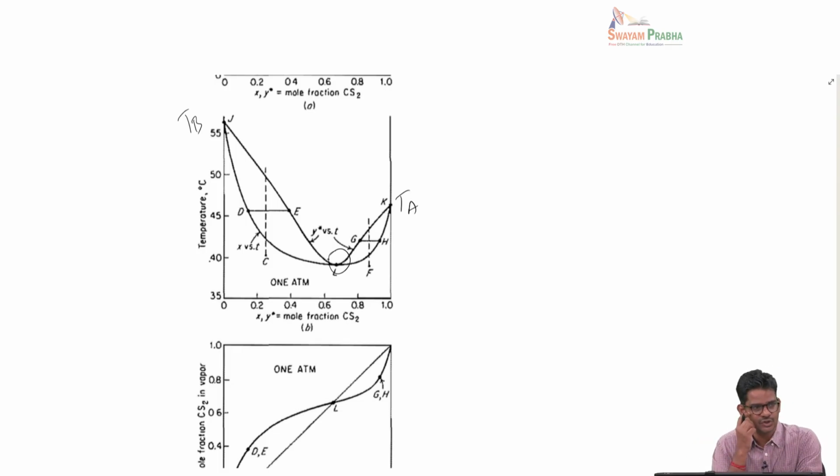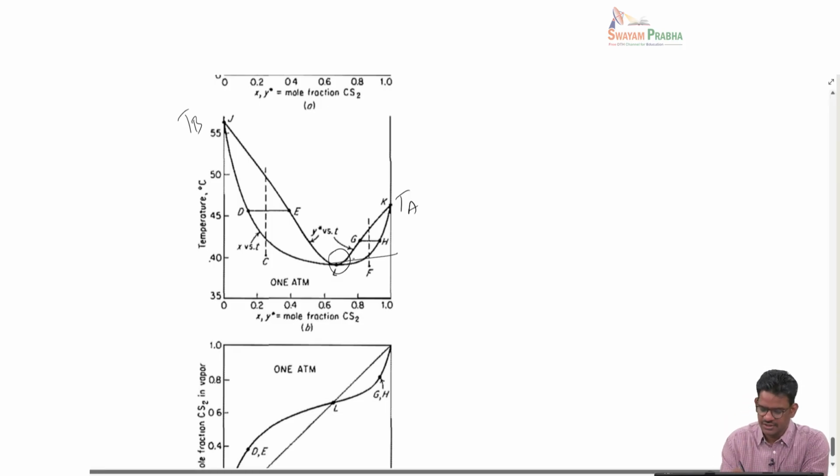But when it forms an azeotrope, meaning constant composition in both vapor and liquid, you can have a temperature that is below TA. This is what we call a minimum boiling azeotrope, sometimes called a low boiling azeotrope.